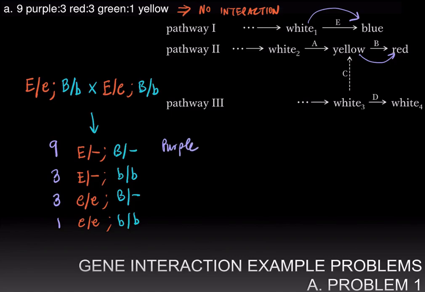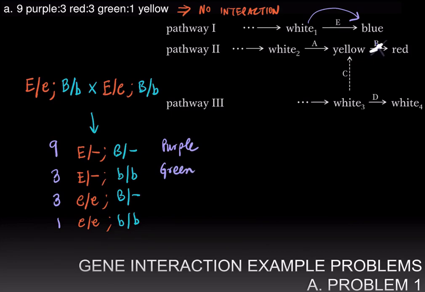In the second class, you have enzyme for the first gene, for E, so white gets converted to blue. However, you are homozygous for the mutant allele of B, and therefore yellow will not get converted to red. The yellow pigment will build up, and we will end up with yellow and blue, which the problem stated is green in color.